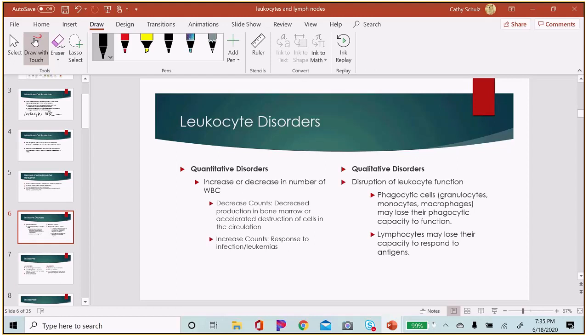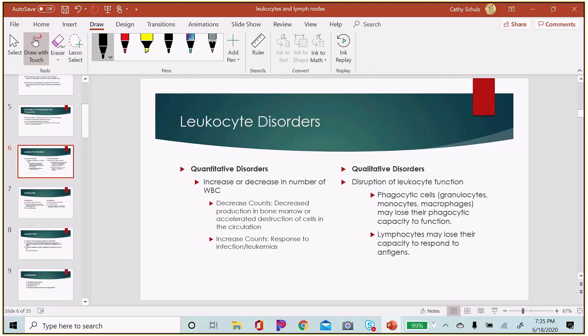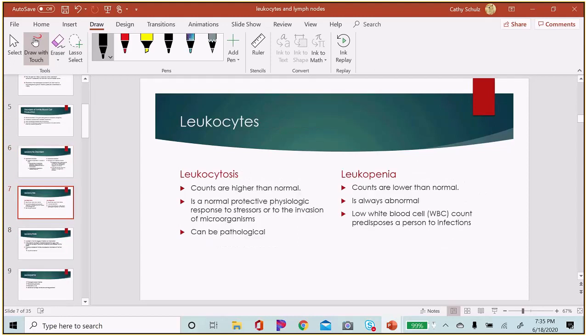However, sometimes that response is too high and that might be a cancer. If there is a decreased count, it could be destruction of those cells or a problem with production in the bone marrow. Qualitative disorders mean that the blood cells are being made, but they are poorly functioning, and that's usually a genetic disorder, and we won't get too far into those.